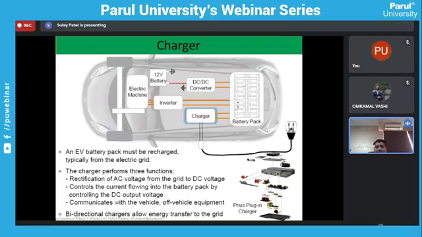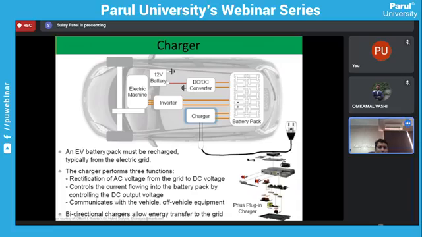But in this case, we need to search for an electrical power supply, and there is an inbuilt charger. In some cars there are inbuilt chargers, and in some cars there is a separate plug for fast charging and domestic charging.